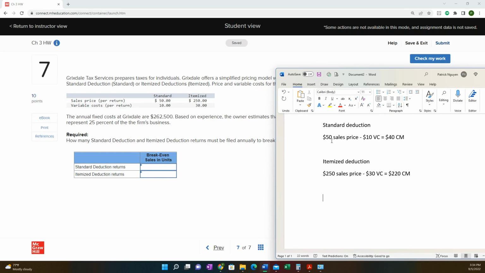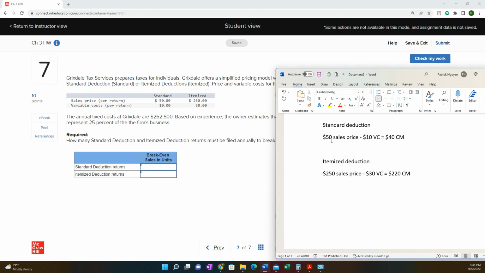So since we do a mix of returns, we know that our profit is going to be higher than $40, but it's not going to be all the way up to $220 because we do some standard returns as well. So our profit needs to be somewhere in the middle. Our contribution margin needs to be between $40 and $220. And we need to figure out what the exact number is. This is a good test-taking skill to have.